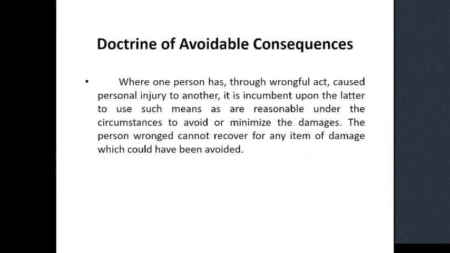Take note also of what is called the doctrine of avoidable consequences. When one person's wrongful act has caused personal injury to another, it is incumbent upon the latter to use such means as are reasonable under the circumstances to avoid or minimize the damages. The person wronged cannot recover for any item of damage which would have been avoided.